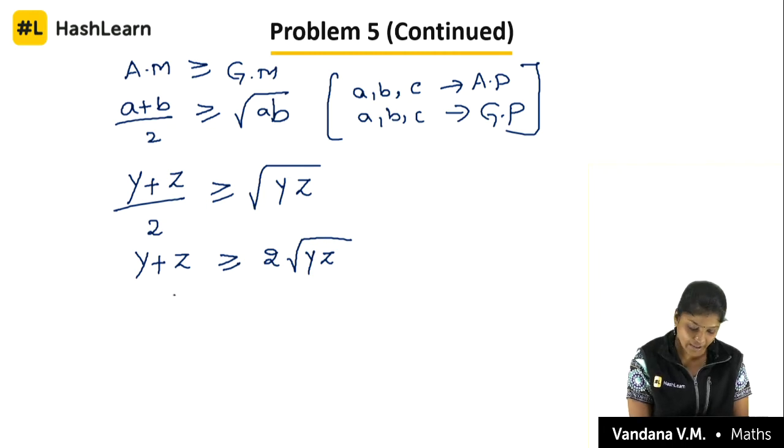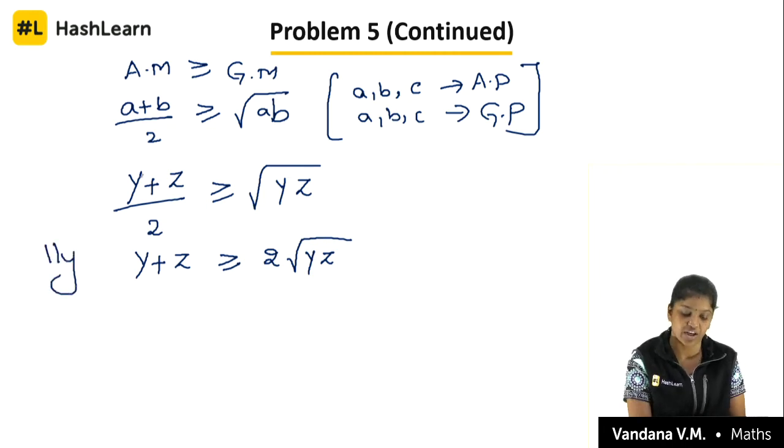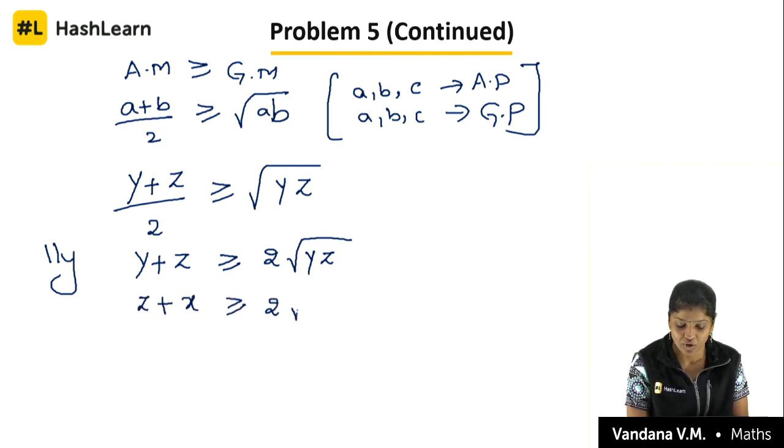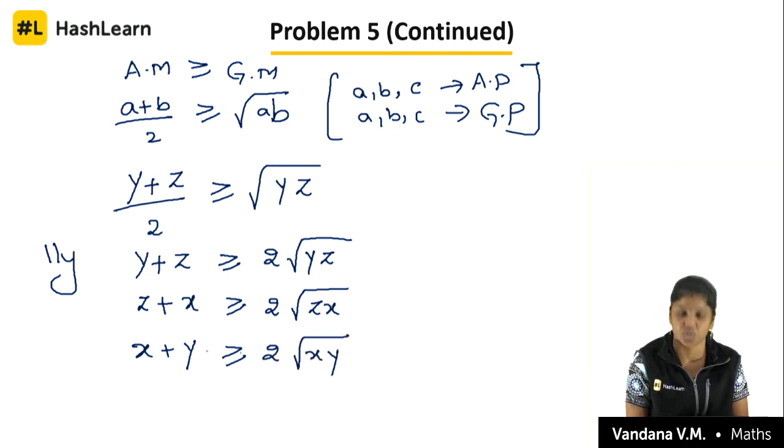Similarly, y and z, z and x, x and y, all are in the arithmetic progression. Similarly, I can write that z plus x is greater than or equal to 2 root zx. In the same way, x plus y is greater than or equal to 2 root xy.